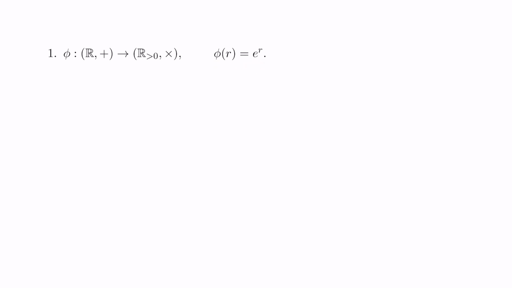And we had a sense that this might actually be an isomorphism, like a nice pairing between real numbers under addition and positive real numbers under multiplication. And the idea was that when you add two real numbers, it feels like the same thing as multiplying when you exponentiate them.